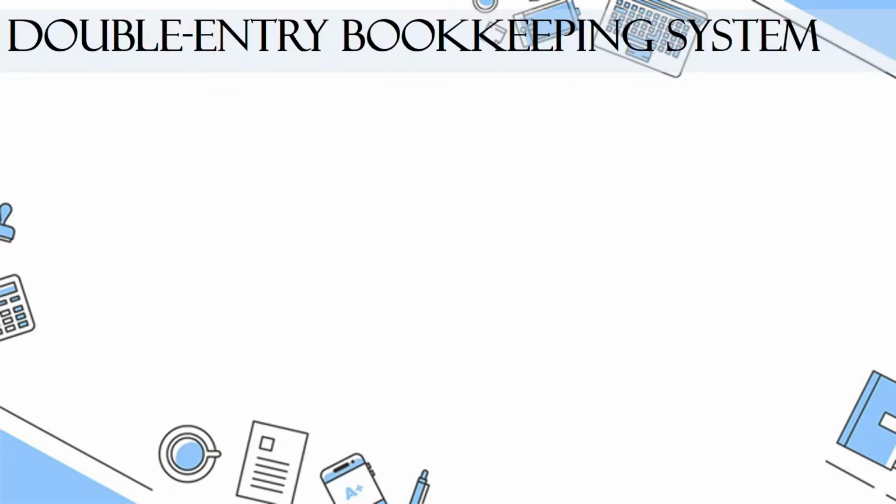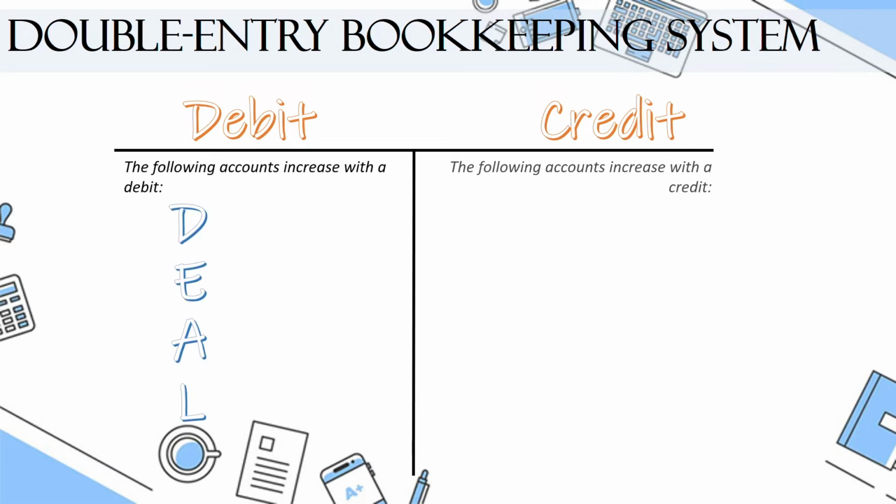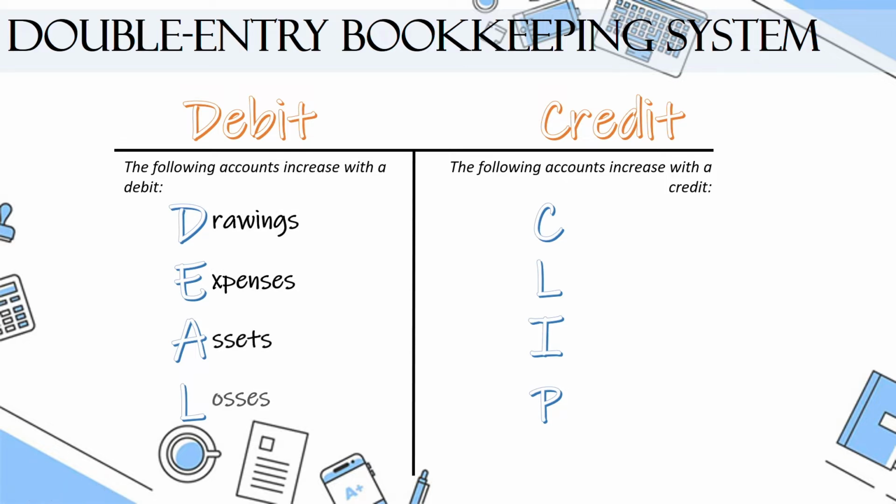Let's move to the double entry bookkeeping system, in which for every account there is always a debit and a credit. To familiarize the normal balances of the different groups of accounts, we have this acronym, DEAL CLIP. DEAL has a normal balance of debit, while CLIP has a normal balance of credit. DEAL means drawings, expenses, assets, and losses.